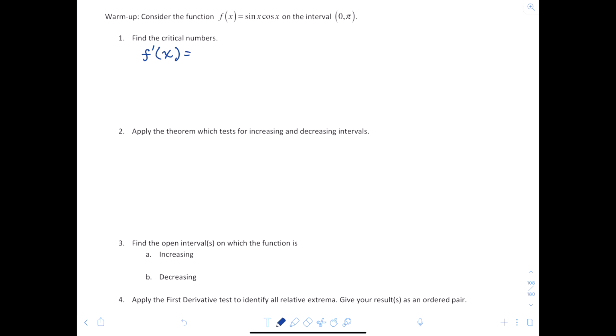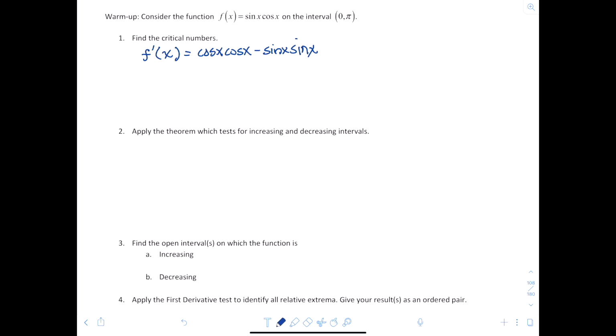So we'll have cosine at x times cosine at x, and then minus sine at x times sine at x.